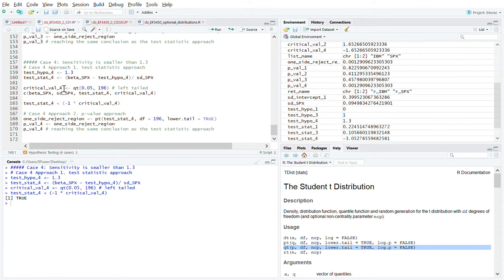Let's verify with the p-value approach. For the p-value, we will use the function that calculates the cumulative distribution function for the t distribution for us, which is the pt function, and we'll provide the test statistic as the first argument, degree of freedom 196, and lower.tail set to be true because this time the p-value is on the shaded area of the left tail, right?